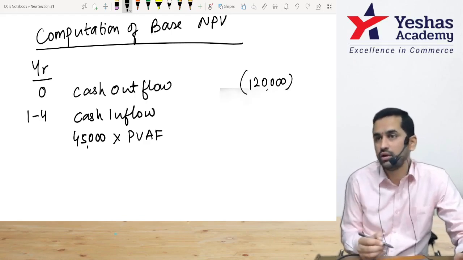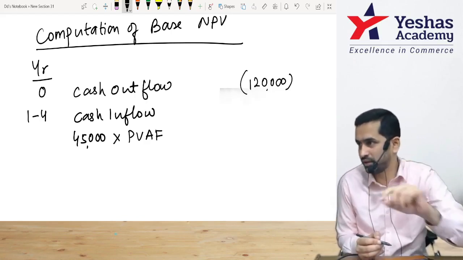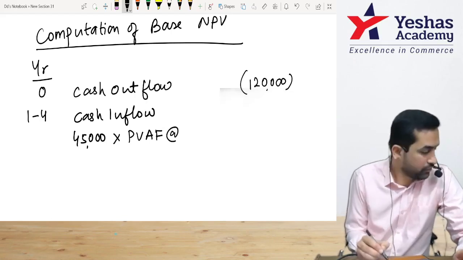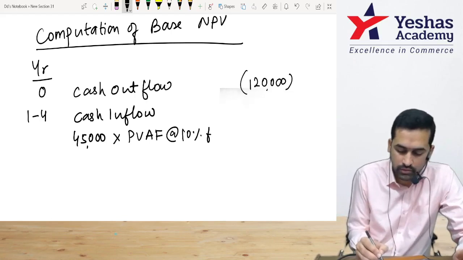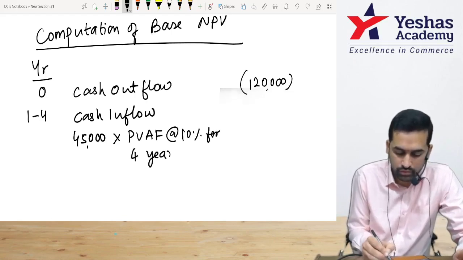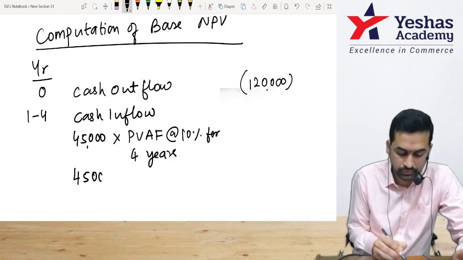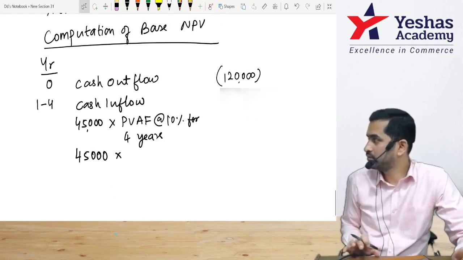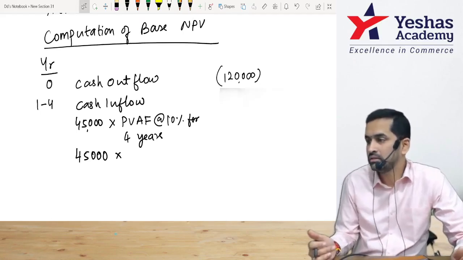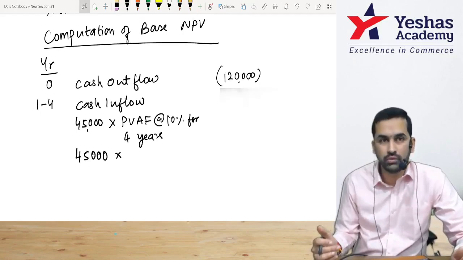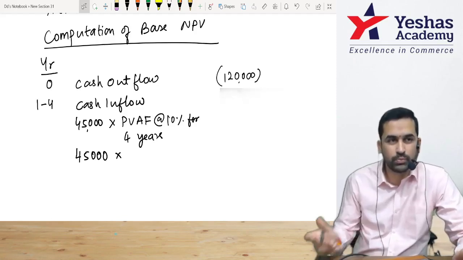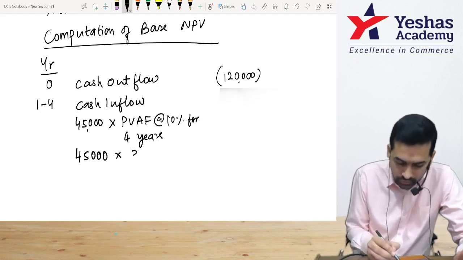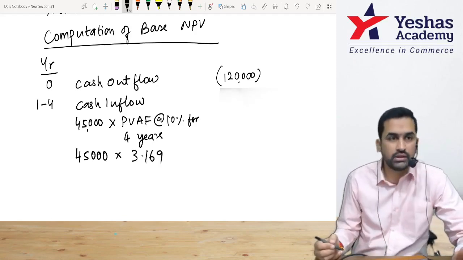Discounting factor or PVIF is for specific individual years. When you do summation, it is PVAF at 10% for 4 years. 1 divided by 1 plus rate, year 1, 2, 3, 4. That summation should be 2 point something. 3.168 or 169.